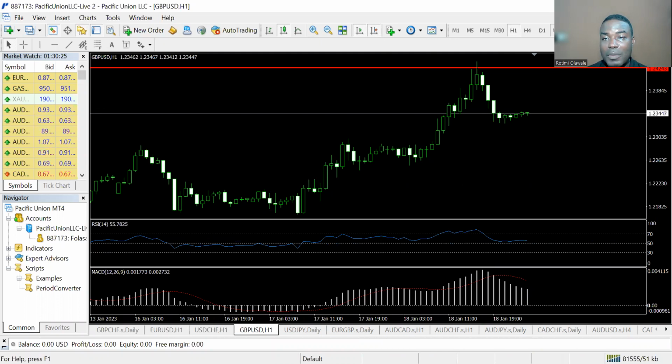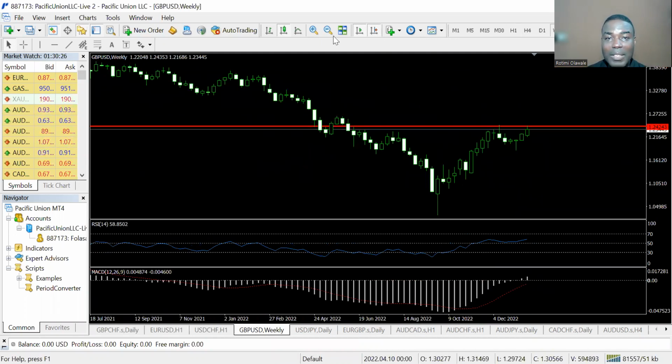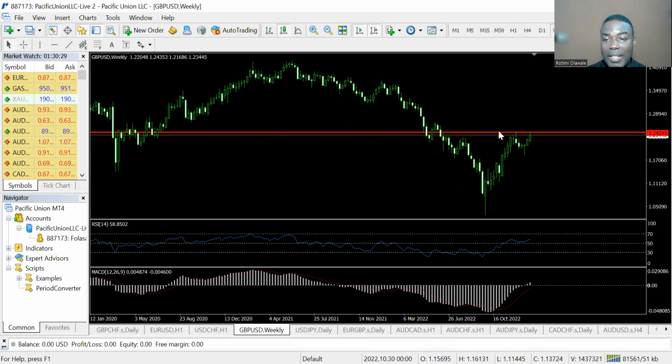Okay, before we do that, if you look at the big picture on the weekly time frame, we can see that in the long term, we're expecting one of two things to happen here. Now, this is a resistance level. If price ever goes above this level, then we might see a continuous bullish movement.